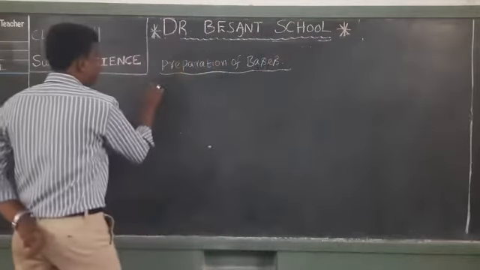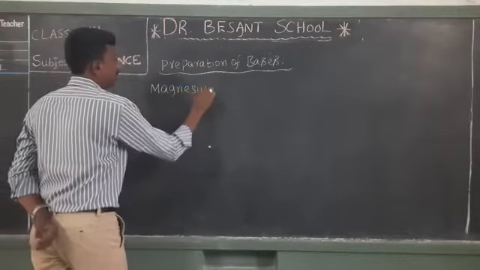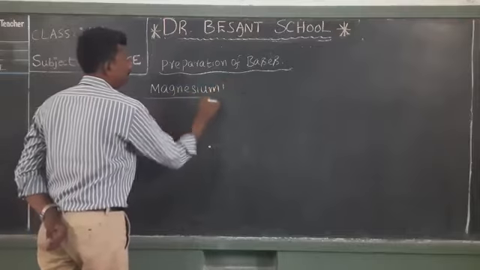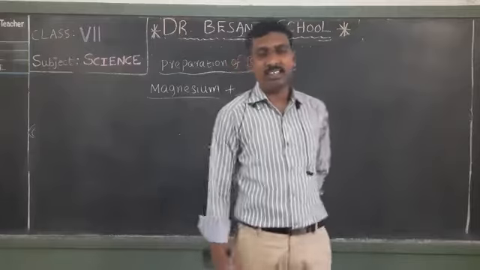Now consider a metal, magnesium, a piece of magnesium ribbon. Metal possesses the property of malleability and ductility.